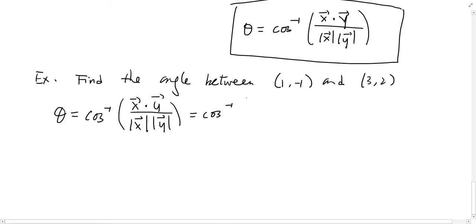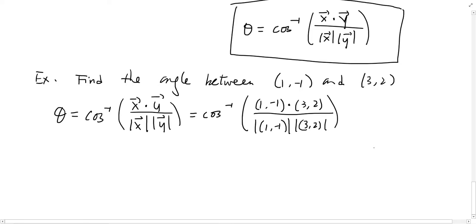So I'm going to say cosine inverse of (1, -1) dot product (3, 2) over the length of (1, -1) multiplied by the length of (3, 2). If you simply do the dot product on the top, you have 1 times 3 plus -1 times 2, so that's 3 minus 2, so the top is 1.